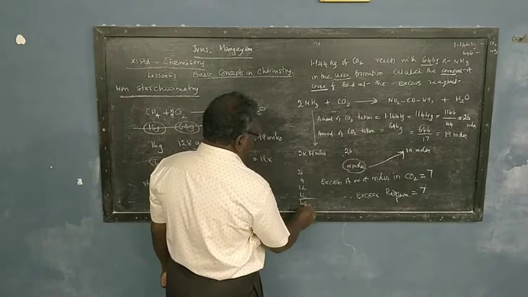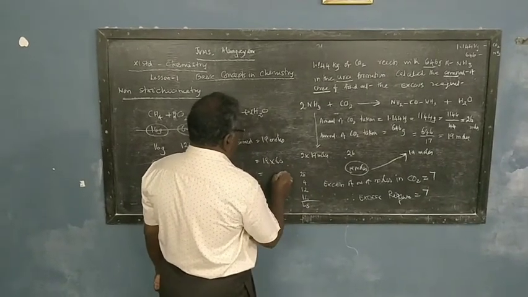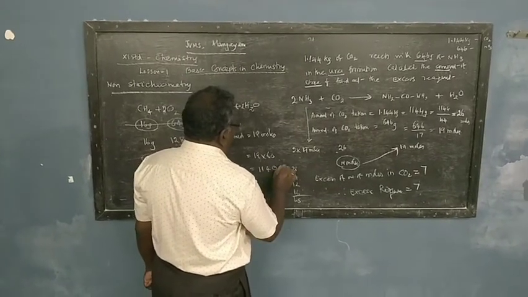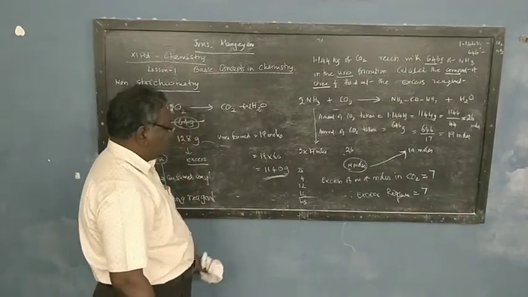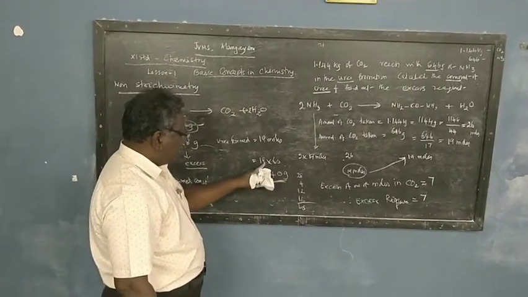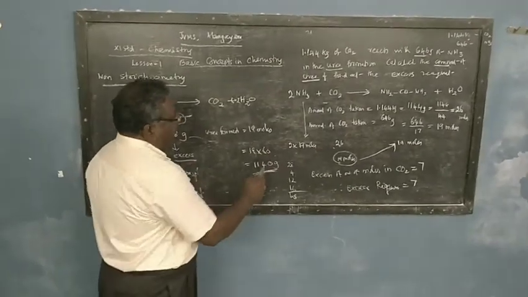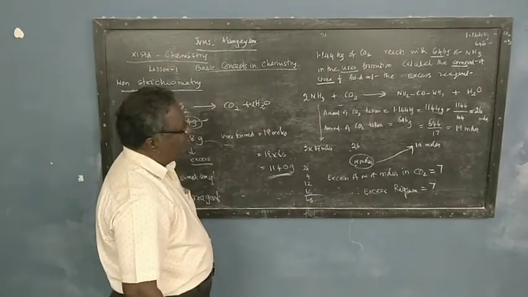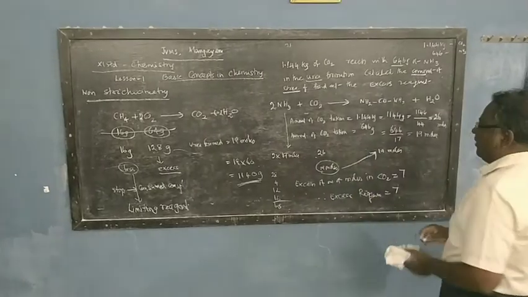About 60. About 60 into 19. So this is the amount of urea produced, right? So amount of urea formed is 1140, right? So this is how we find out the excess reagent or limiting reagent.